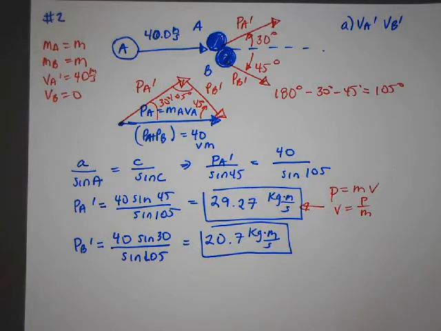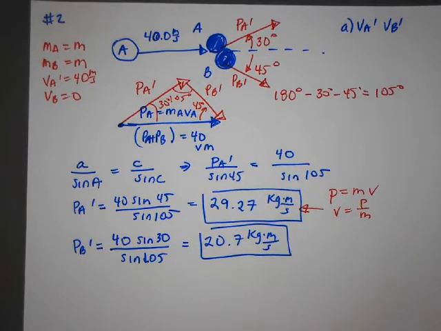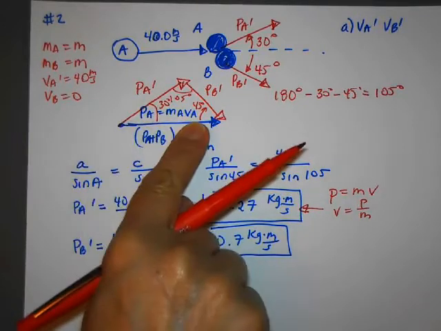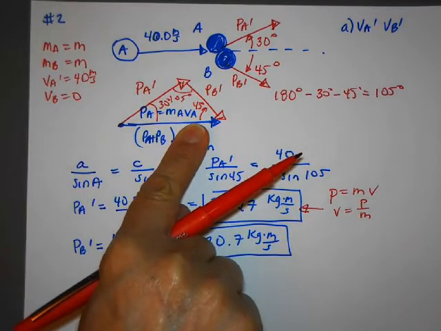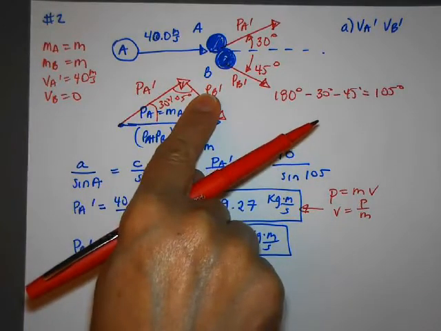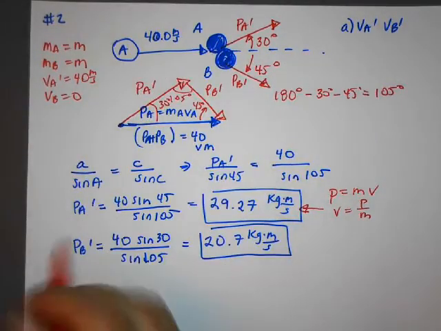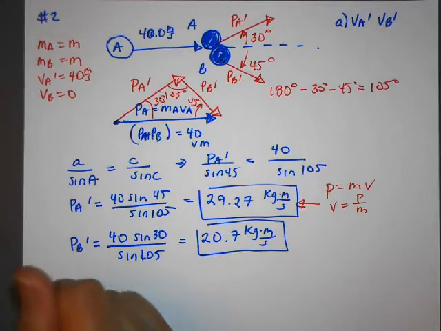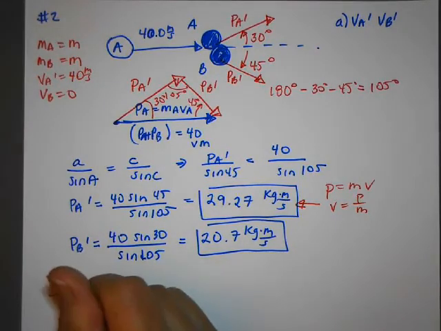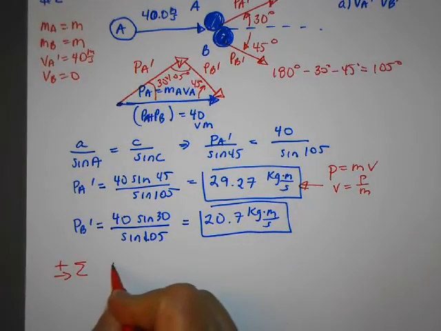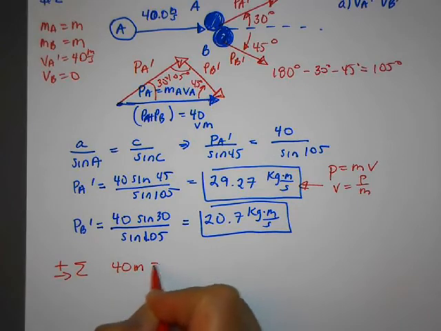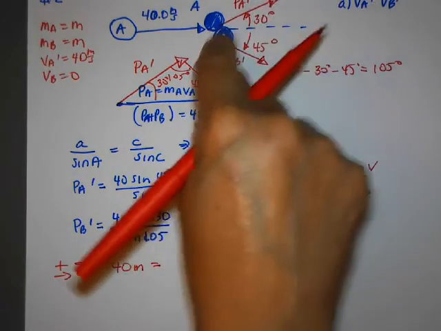The other method to do this is, you would take each vector like this, and you would find the horizontal and vertical components of each. So let's say I was doing the x. If I summed forces in the x, I would say that the 40 is equal to this plus that.